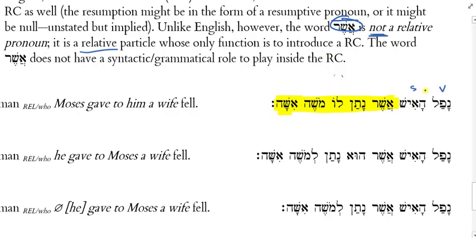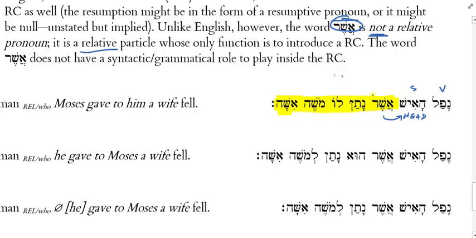Well, it modifies the thing we call a head, right? So the head is ha'ish. The asher clause is modifying it. So I'm going to learn something about the man. The core clause is the man fell. But what about the man? The man, asher natan lo Moshe isha.